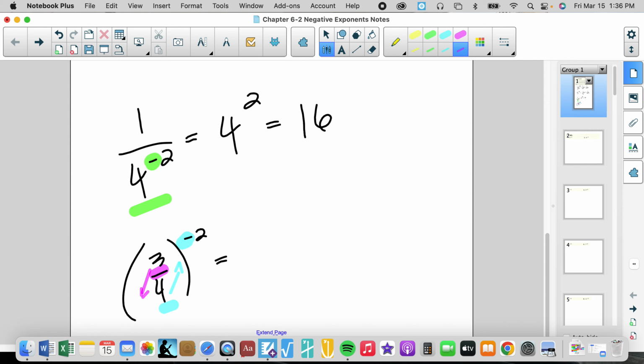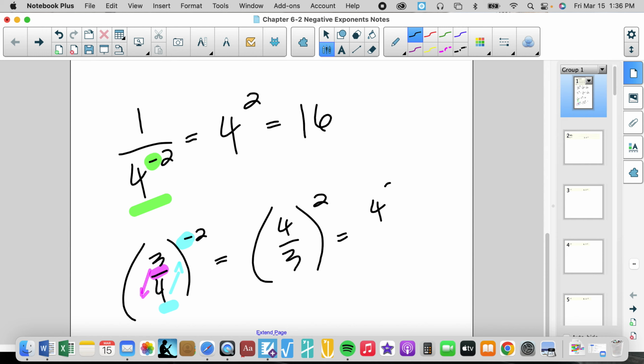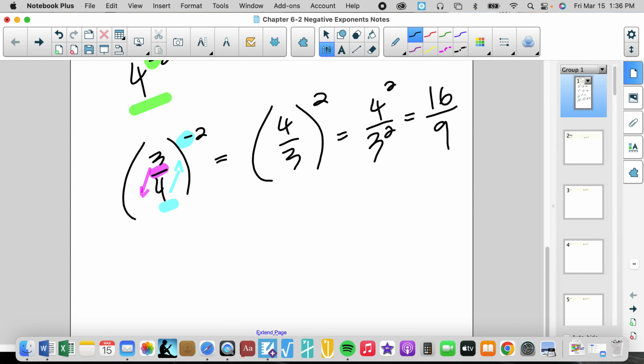We take the reciprocal, which makes it 4/3 to the second. We change the negative to a positive, and then we distribute it into each of them. So it becomes 4 squared over 3 squared, and it becomes 16 over 9. Cool. That's the nice, easy, most efficient way.